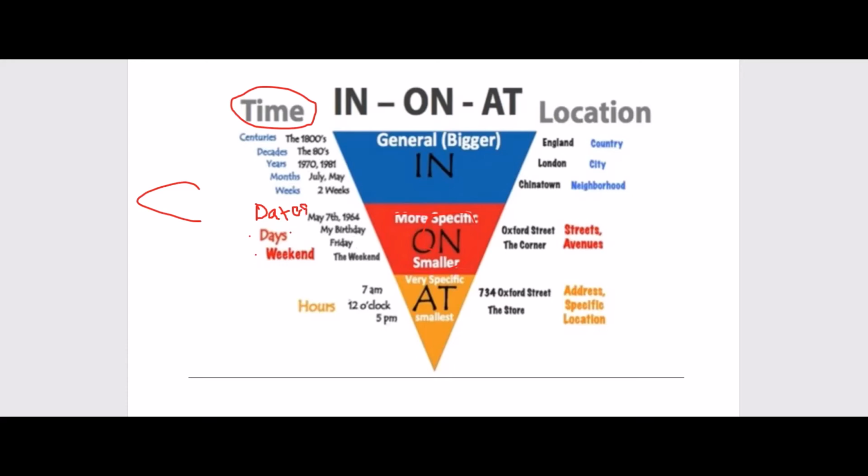So look at this example, May 7th, 1964. That's a date, right? When did your parents get married? On May 7th, 1964. Anytime that you're talking about a specific date, you would use on.